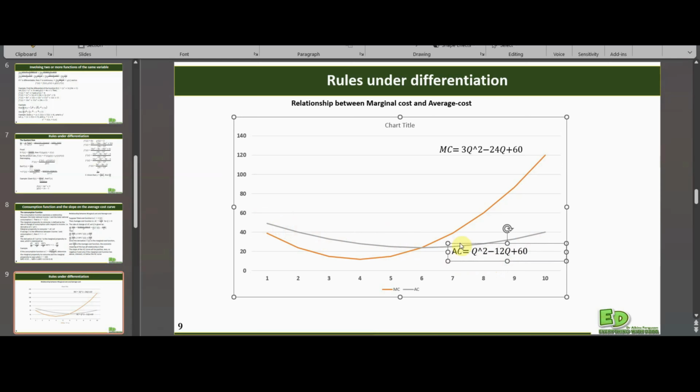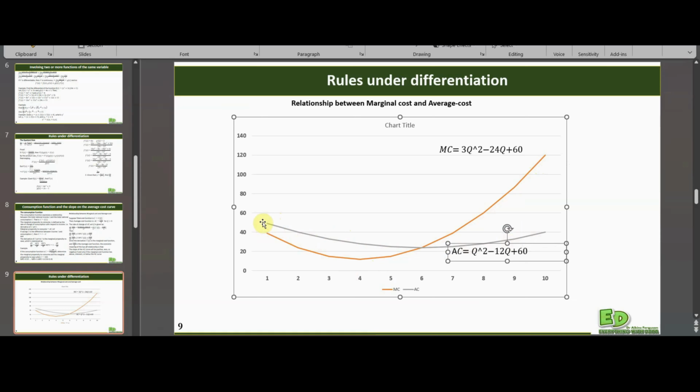It is also U-shaped. Unlike the marginal cost curve, which is U-shaped but goes up a bit sharply, rising at a faster rate after it gets to the minimum, the average cost curve is U-shaped too, but it is flatter than the marginal cost curve.